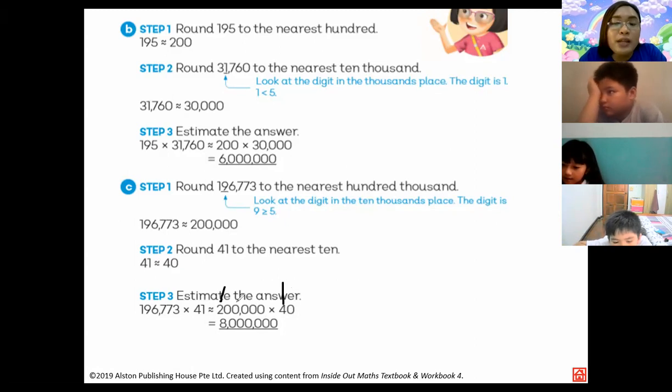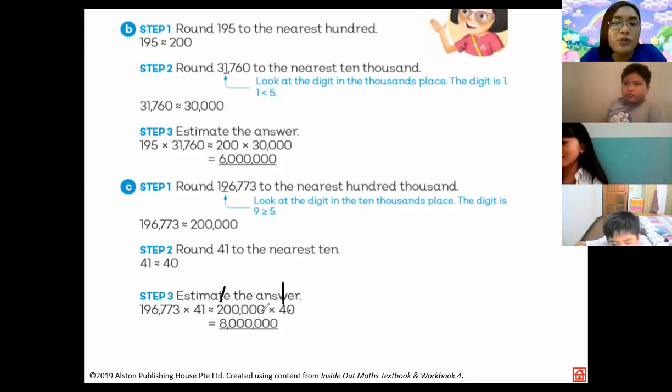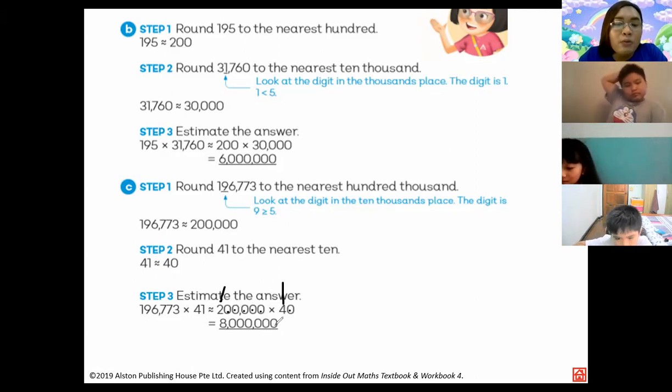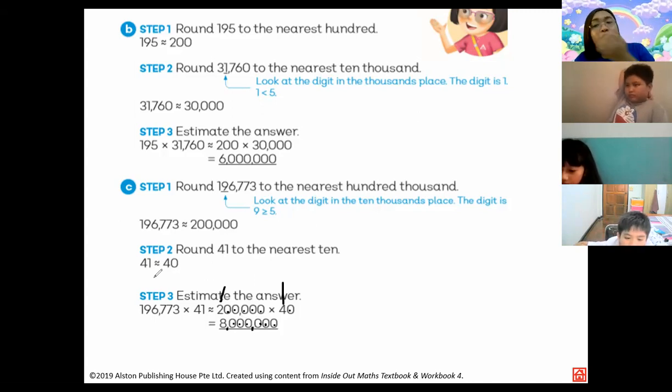So 2 times 4, that's 8. And then just count the total number of zeros. That's 1, 2, 3, 4, 5, and 6. So just write the 6 zeros, with a comma after 3 zeros. So the answer for example letter C is 8,000,000.